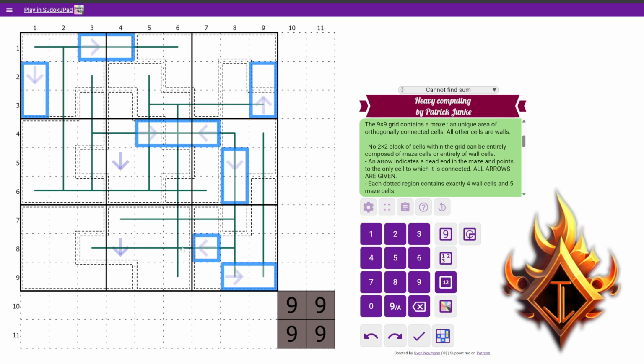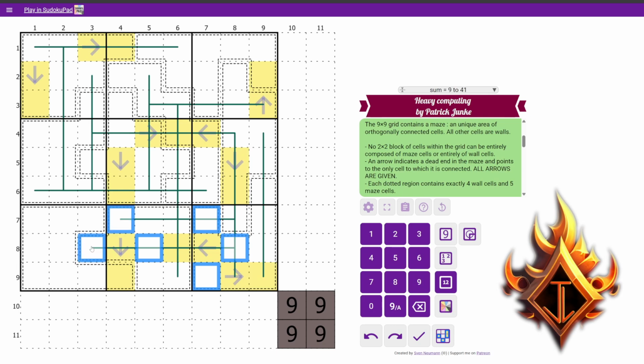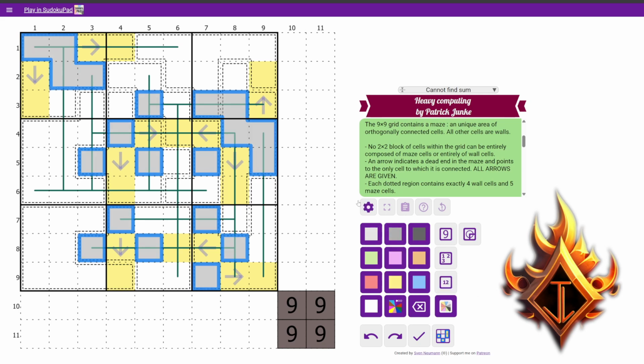The arrows can be the only dead ends in the puzzle, and they are in fact dead ends. So no other maze cells can connect to the arrow. So those are all wall.